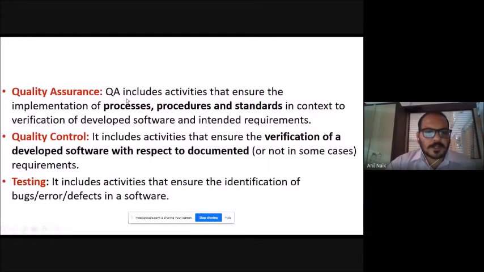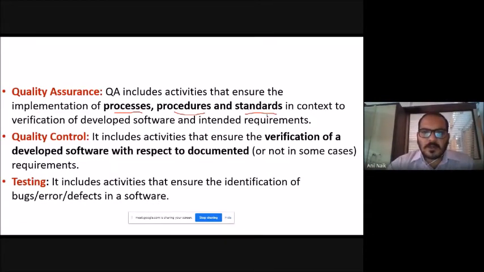Quality assurance includes the activities that ensure the implementation of the process, procedures, and standards in context to the verification of the developed software.